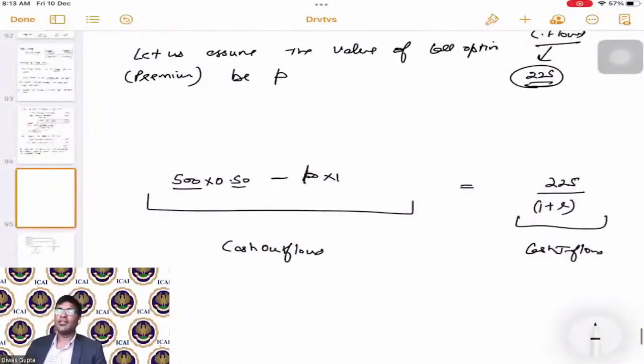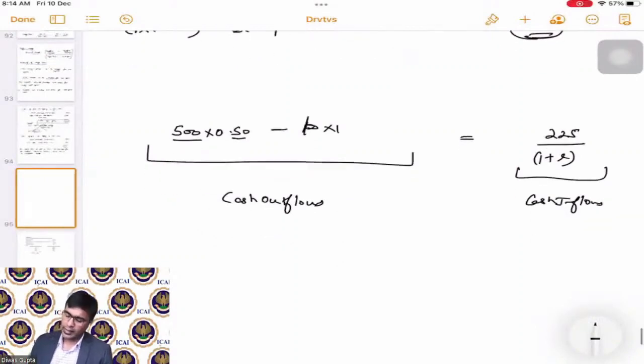But now here we have equated to 225, because that is what the investor will say: my cash inflows should be equal to cash outflows. Then only is that the bare minimum premium that I will expect on writing one call option. Correct?